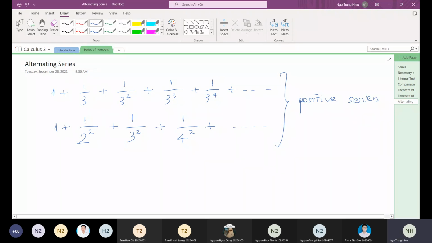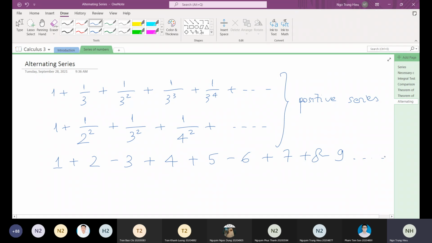But in many other cases, we don't have a positive series. For example, we have a series with arbitrary signs. For example, we have 1 plus 2 minus 3 plus 4 plus 5 minus 6 plus 7 plus 8 minus 9, and so on.